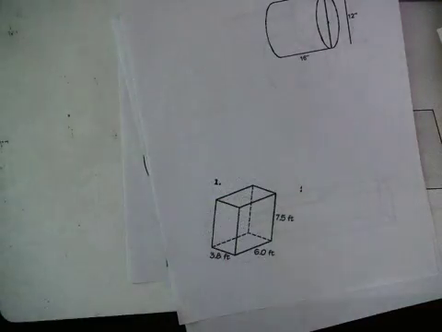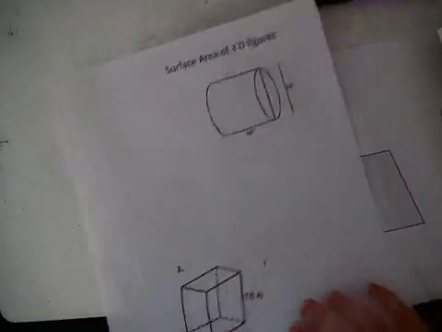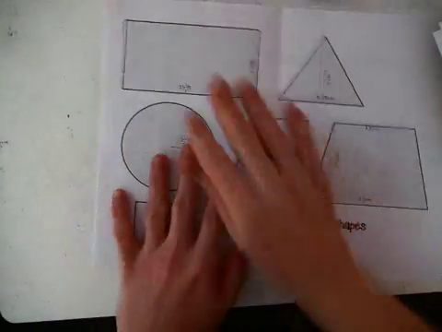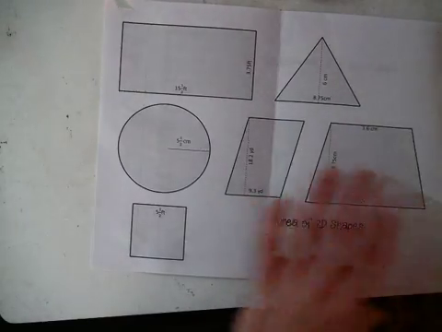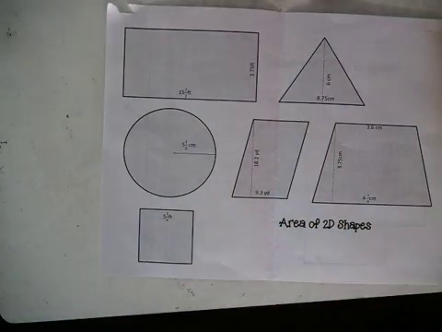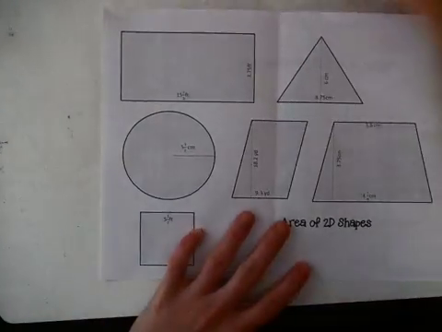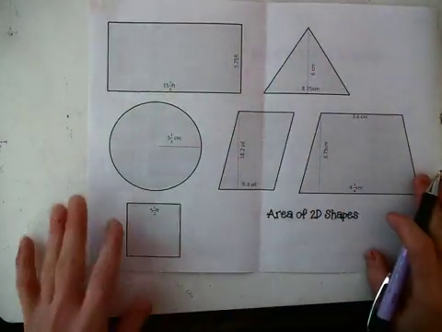Alright, so you need one of those. Today we're going to only talk about this part. Everything else we're going to set to the side, or you can put back into your foldable.